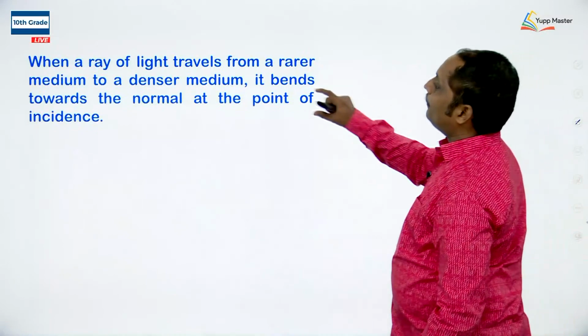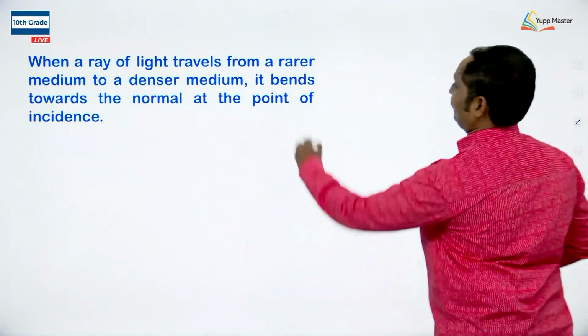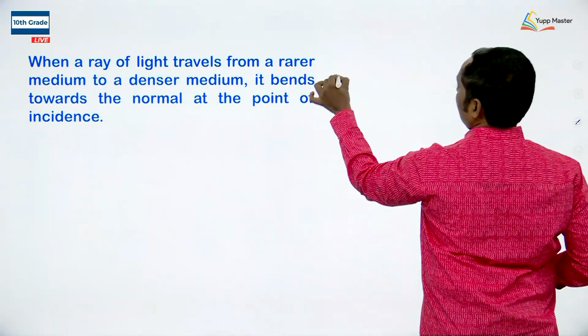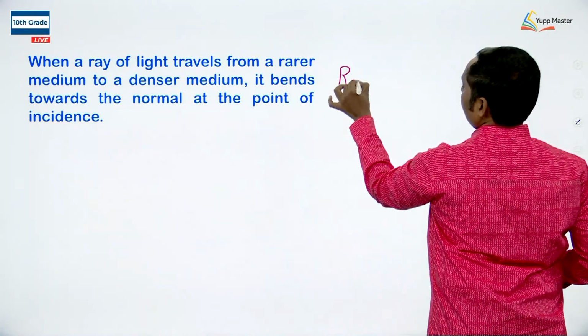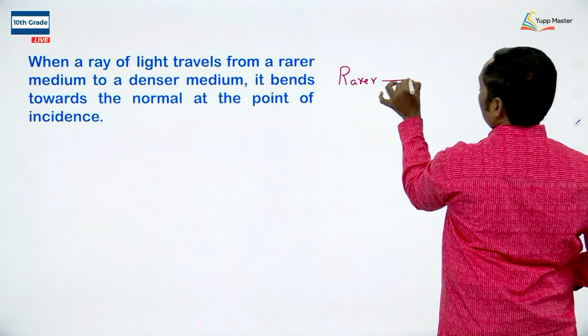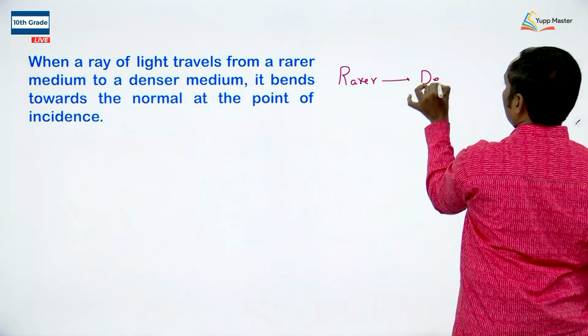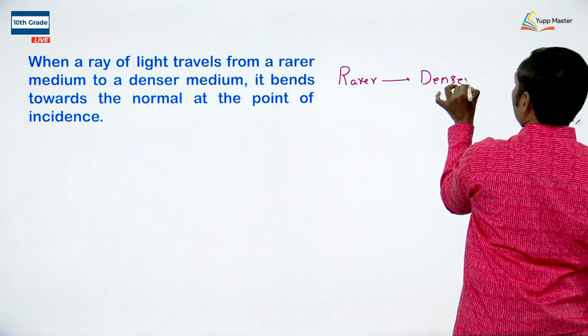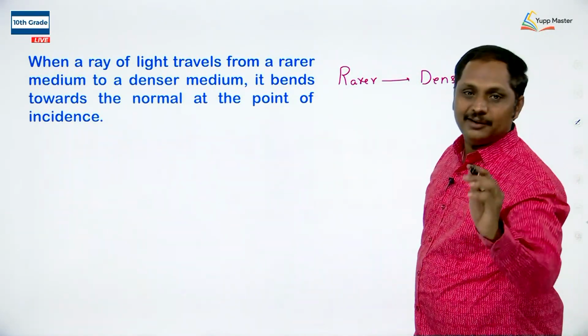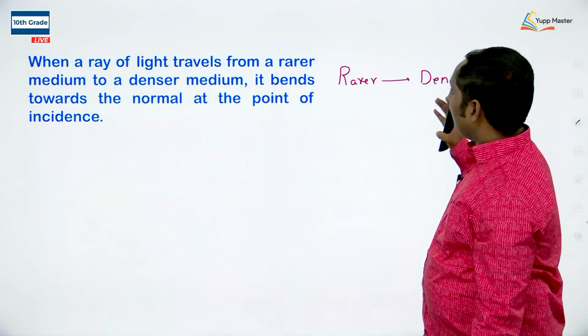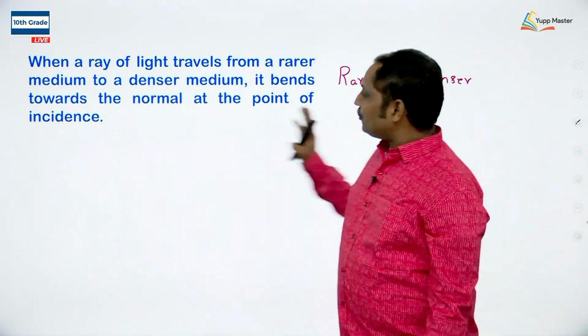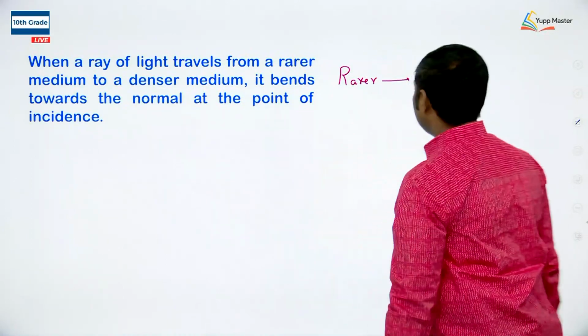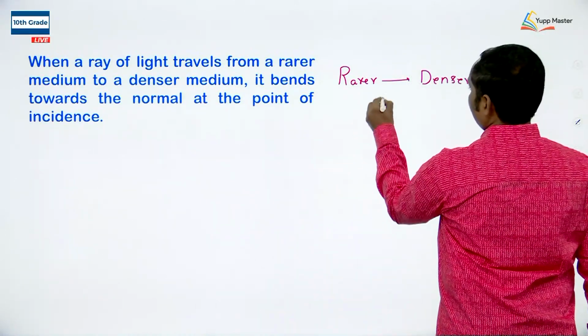Now, let us take the case when a light ray moves from rarer to denser. What happened? Let us see. It bends towards the normal. It has been shown, it is very clear.